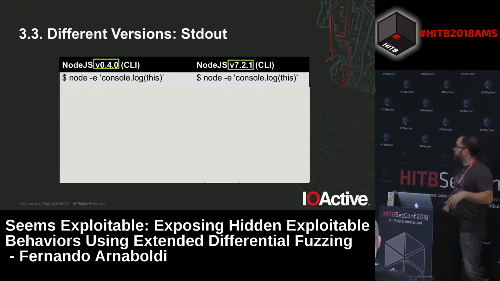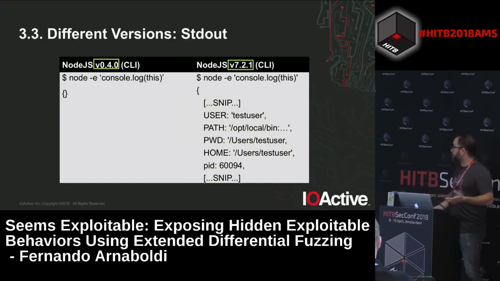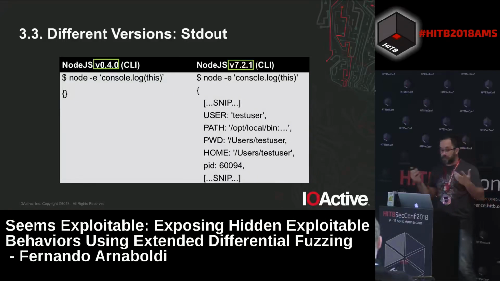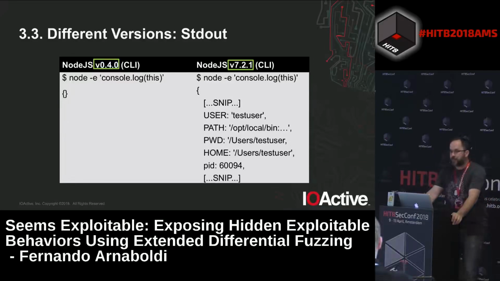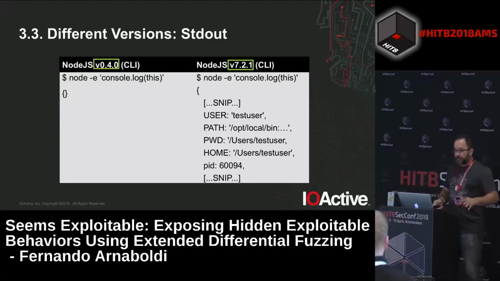The thing is, a long time ago, it used to output just an empty dictionary, but nowadays it shows that thing. So you can see how the same piece of software has changed throughout time. So the possibilities are enormous.